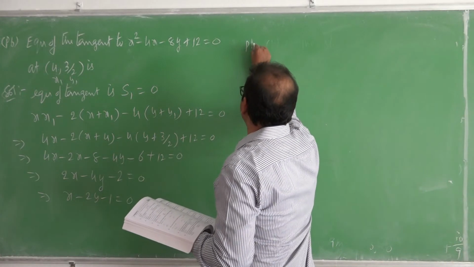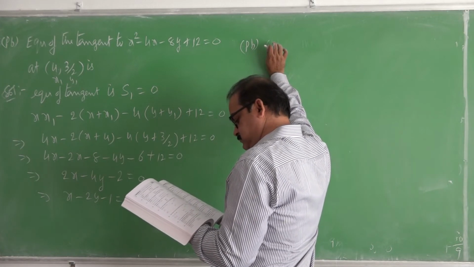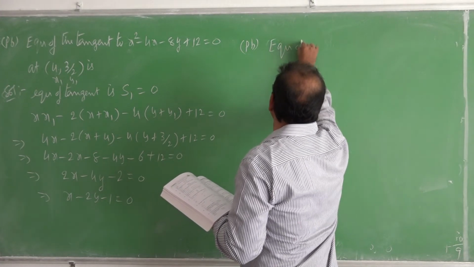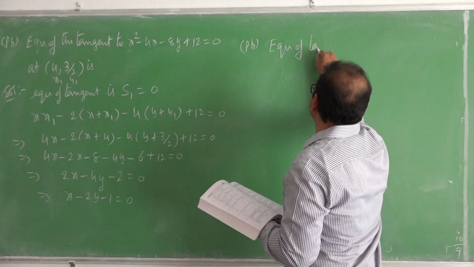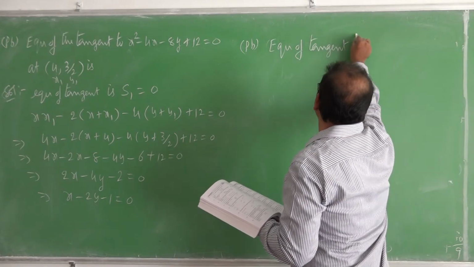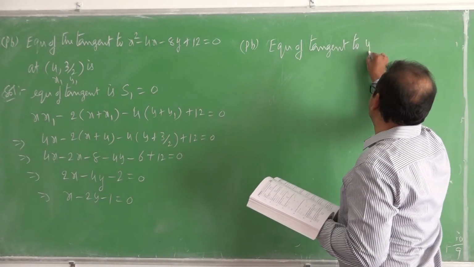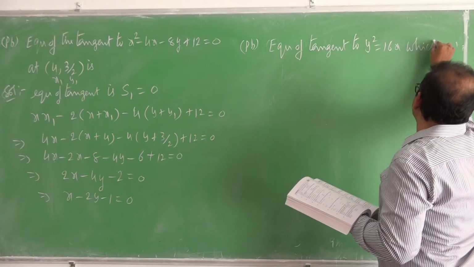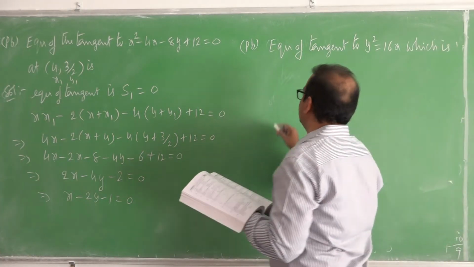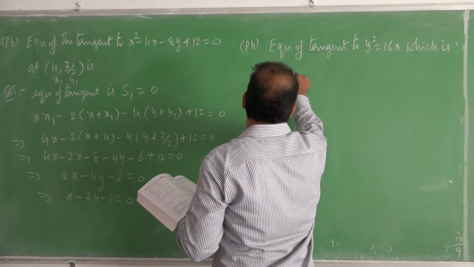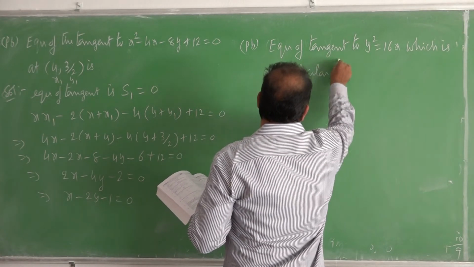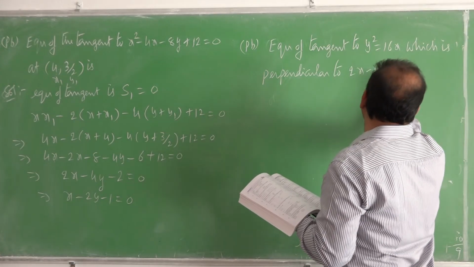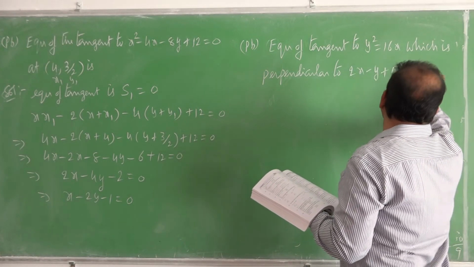Write the next problem. Equation of tangent to the parabola y square is equal to 16x, which is perpendicular to 2x minus y plus 5 is equal to 0.